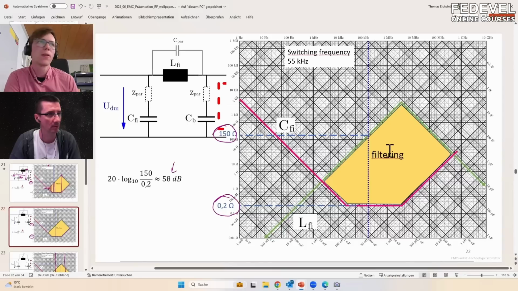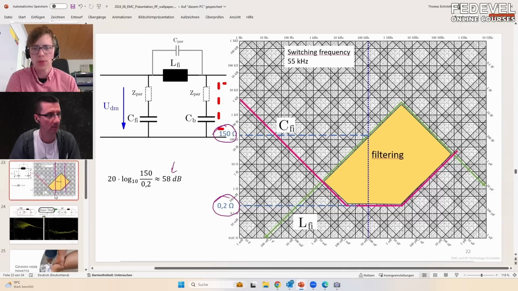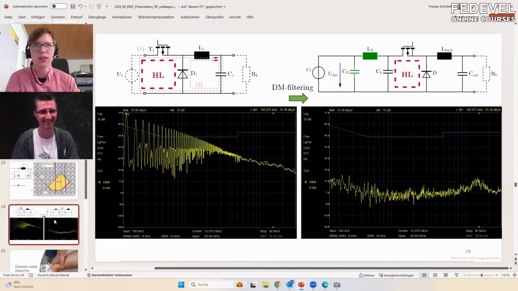So we have at this frequency, the 150K, 60 dB attenuation, which means, when we measure this with this filter now, it will be much better. Okay. And then actually it looks like this.